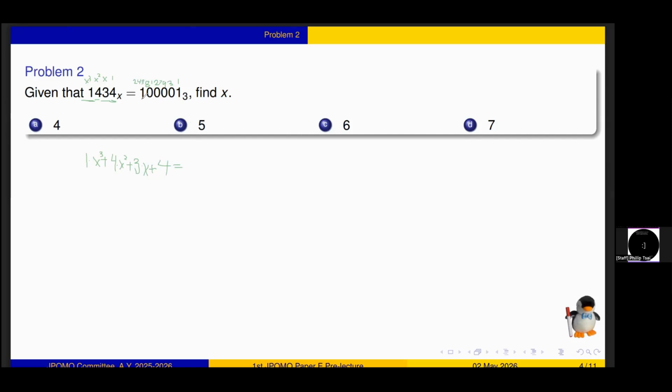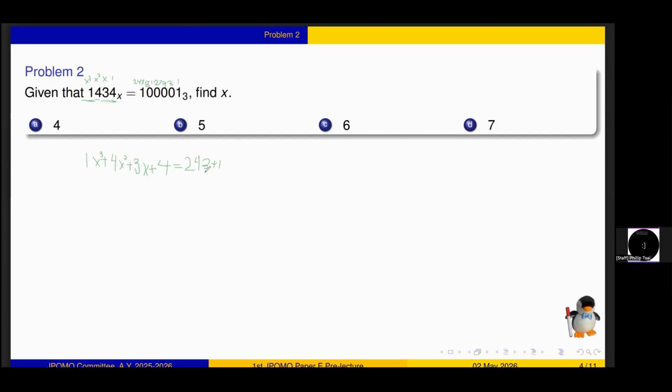So this is equal to 243, which is the 100000th place for base 3 numbers, plus 1, or 244.